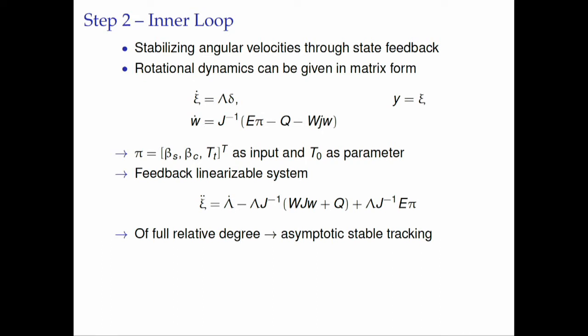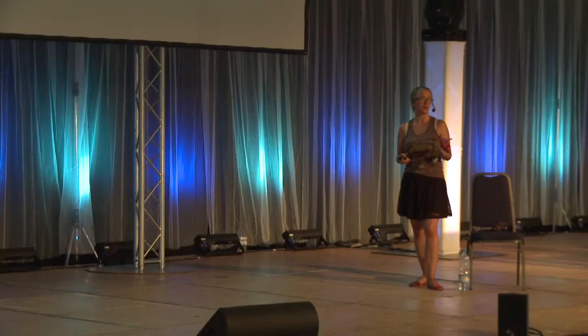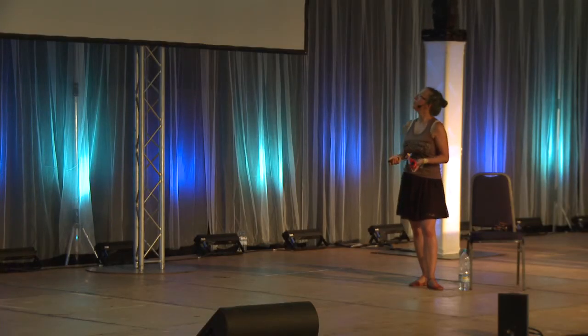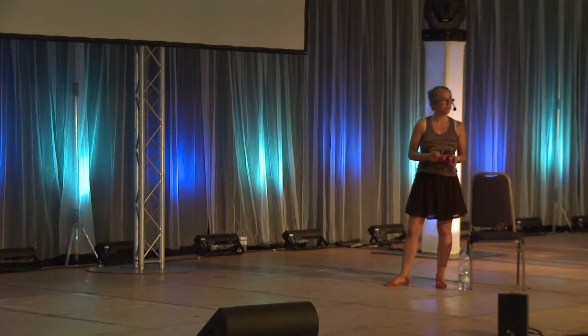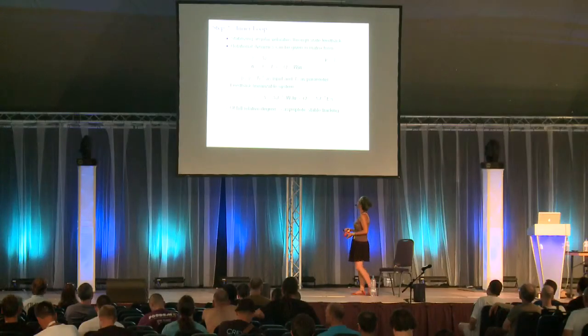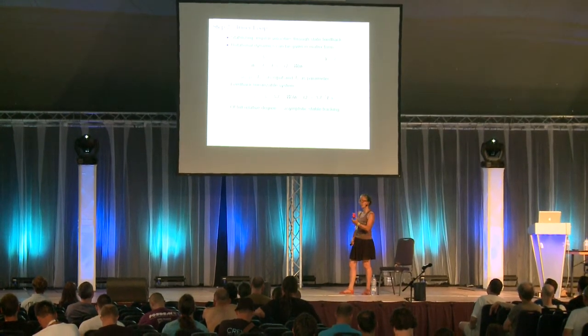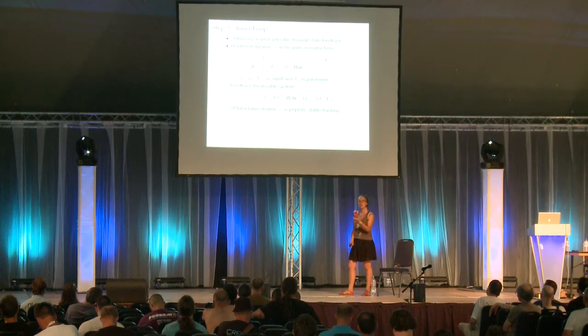So again, feeding just back where I am to put the helicopter where I want it to be. And it's possible because the system is of full relative degree. Another nice control topic. And then this enables asymptotically stable tracking of the curve I set.